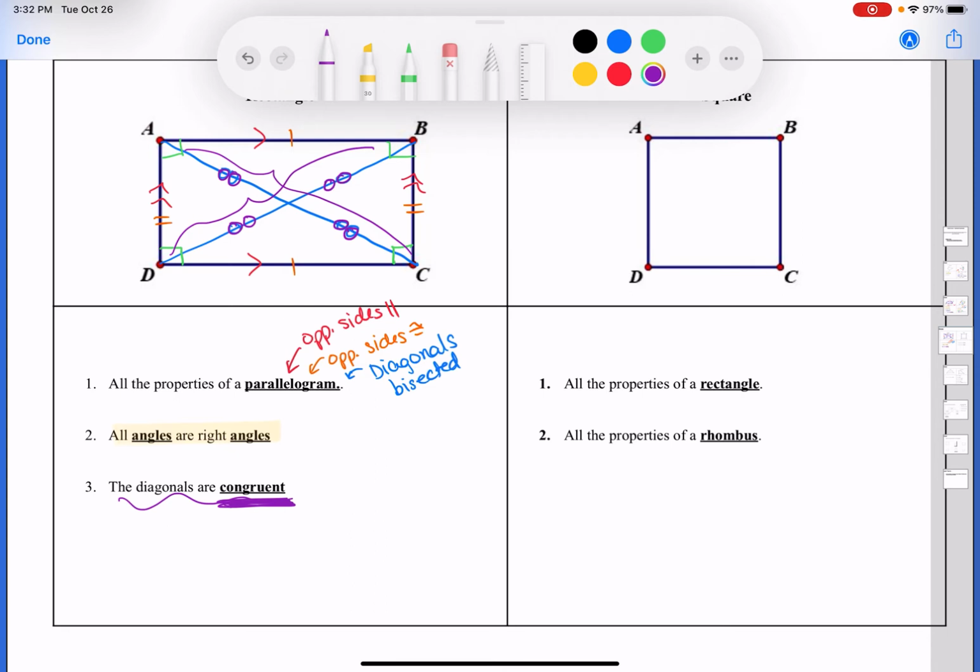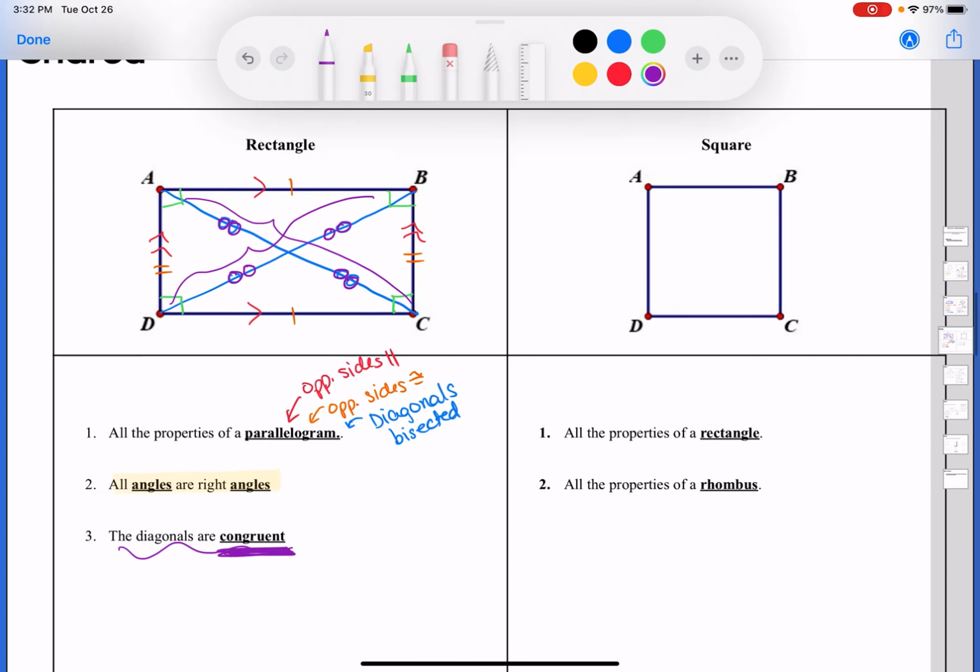All right. Then we have the square. Now, when we did our definition yesterday, we said a square is a parallelogram that's both a rectangle and a rhombus, right? So it's all of those things. It's all the properties of a parallelogram, all the properties of a rectangle, and all the properties of a rhombus, right?